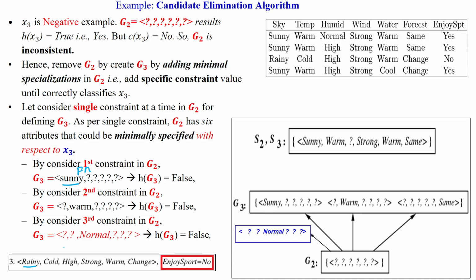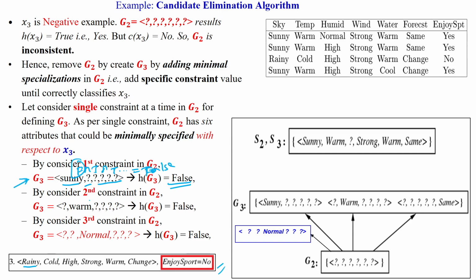Then the question symbols accept the cold, yes, it is a true. Like that all question symbols are giving a true. Here you will get, sorry, false, because false logically anded with true values gives the false. So this false is equivalent to the c of x3 false. So now this hypothesis is consistent.